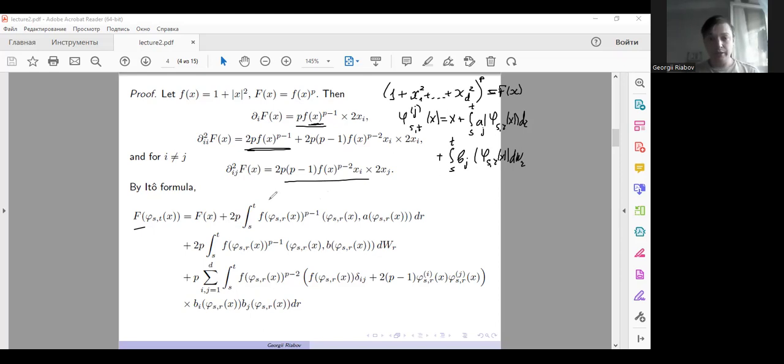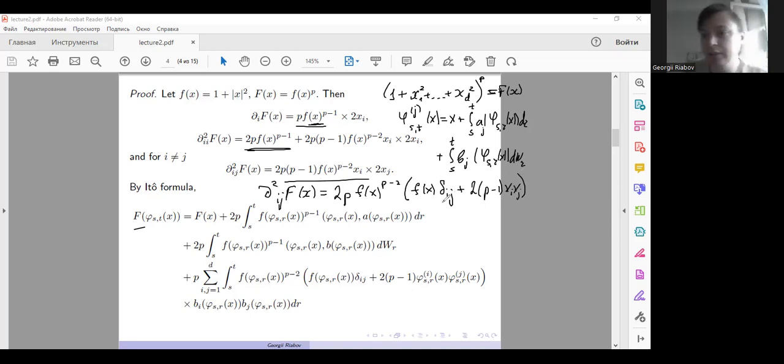It means that we can write that the second derivative is equal to 2p f of x to the power p minus 2, and if i is equal to j, we get additionally f of x, and also we get 2(p minus 1) x_i x_j. Here, delta_ij is 1 if i is equal to j and 0 if not.